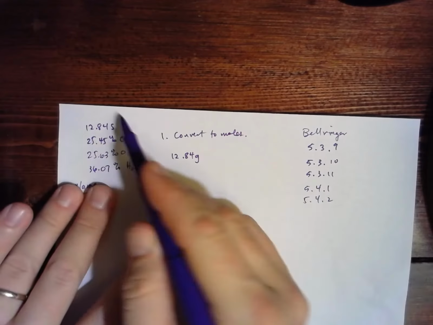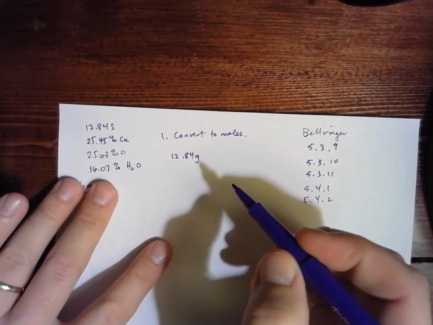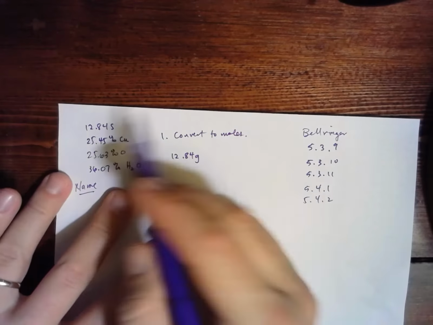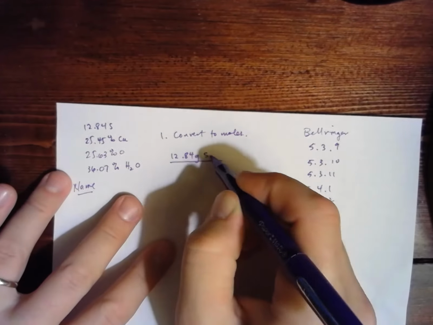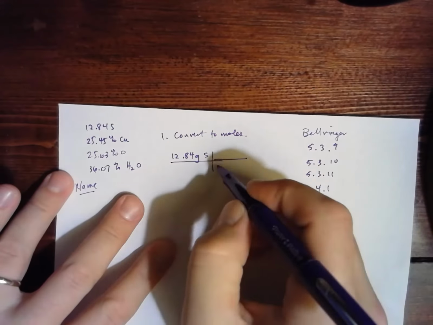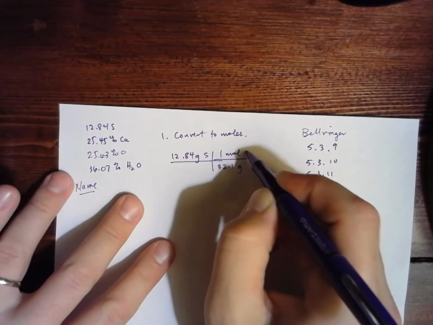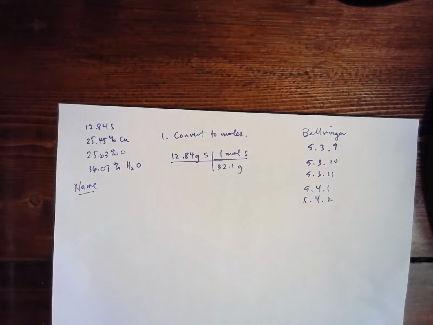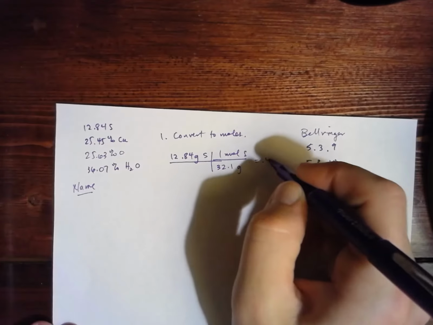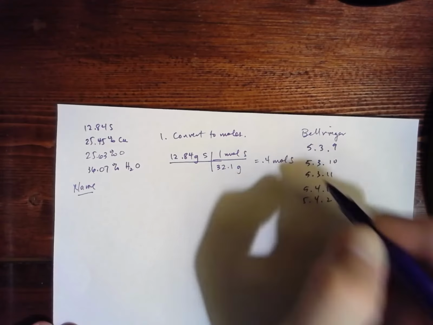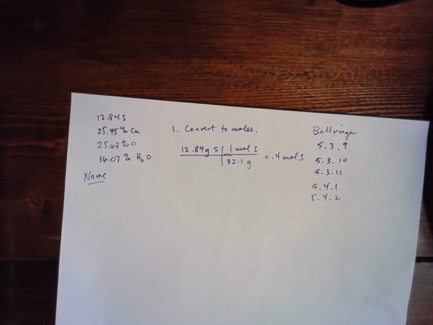Remember, we pretend like we've got 100 grams of the compound. 12.84% of that's 12.84 grams sulfur, and sulfur is 32.1 grams per 1 mole of sulfur. Okay, and that comes out to 0.4 moles of sulfur. Okay, you do the same thing for each of the other ones.